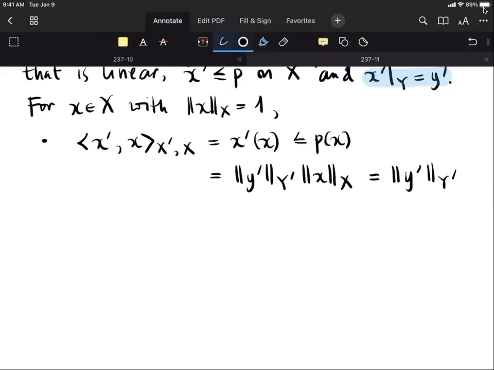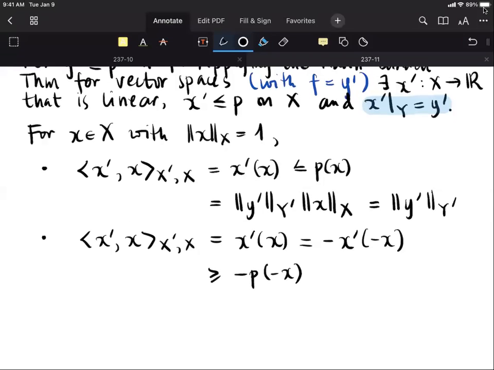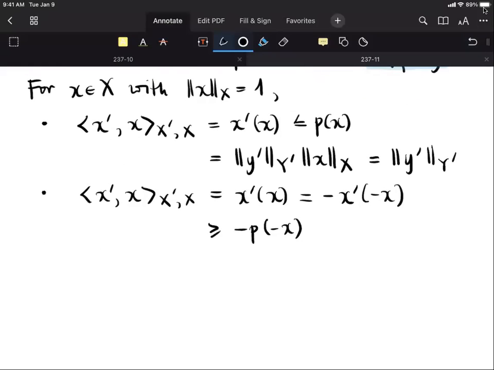And similarly, take note that again, this is equal to, according to the linearity of x prime, we have this. And this would be greater or equal to negative P of negative x. So again, here you evaluate this at negative x and multiply by -1 on both sides, and you have this.